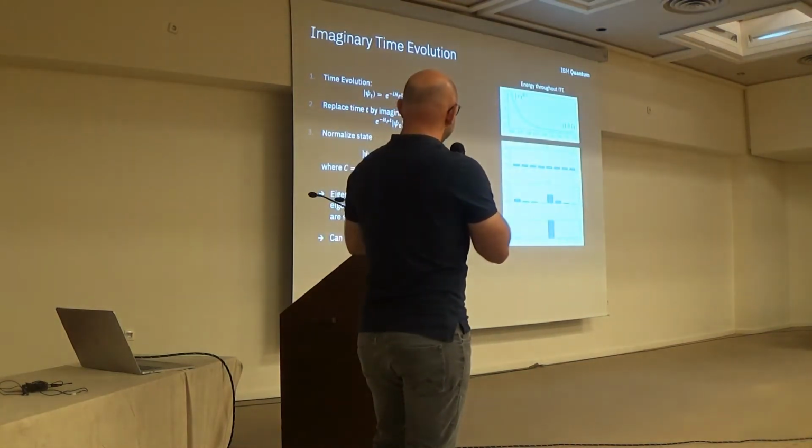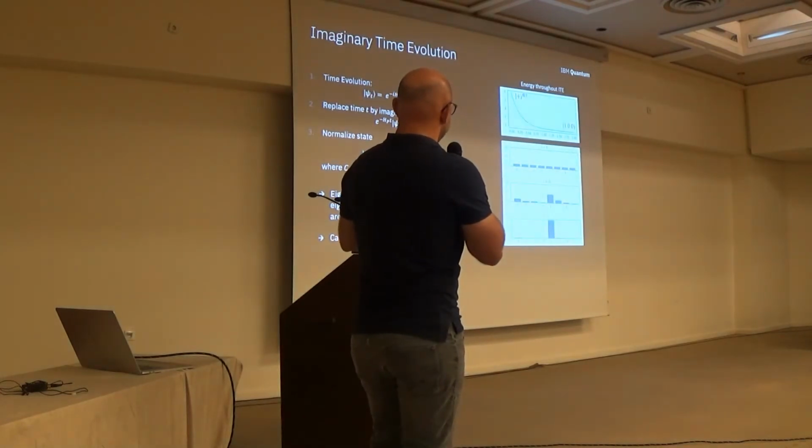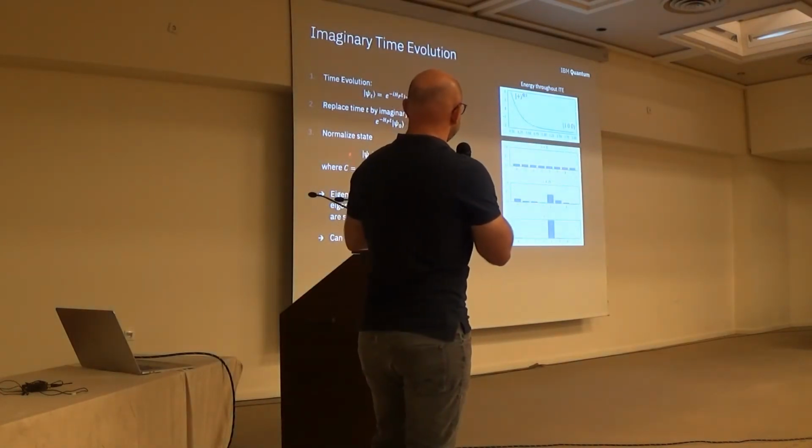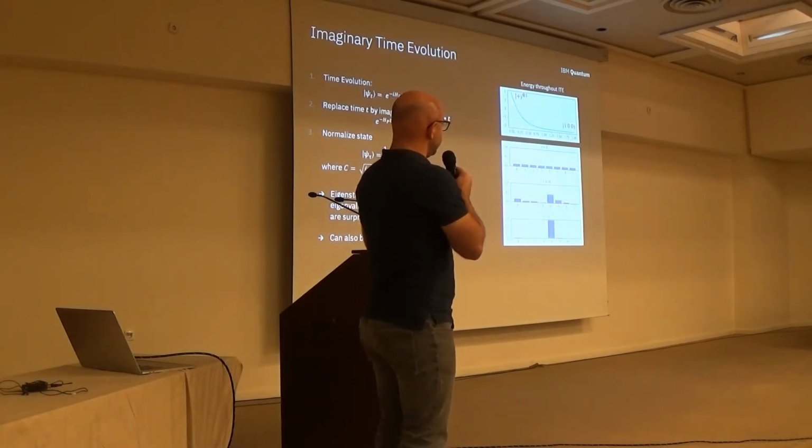Then we normalize this again, because this is not a quantum state, and this is imaginary time evolution. I applied this to this simple example, and you start again in the equal superposition state, and this very quickly decays to the optimal solution. This is what's happening with the state: the equal superposition state at time 0, then already at time 0.25 you see that the optimal state has the largest weight.